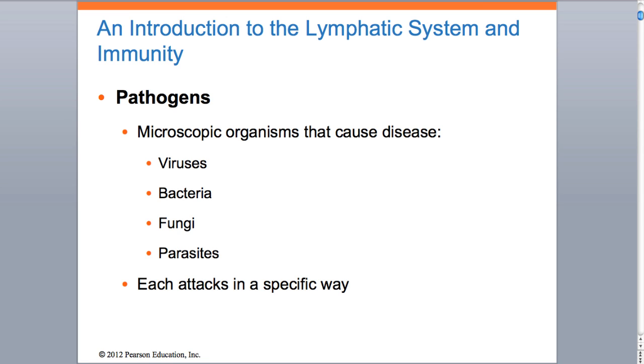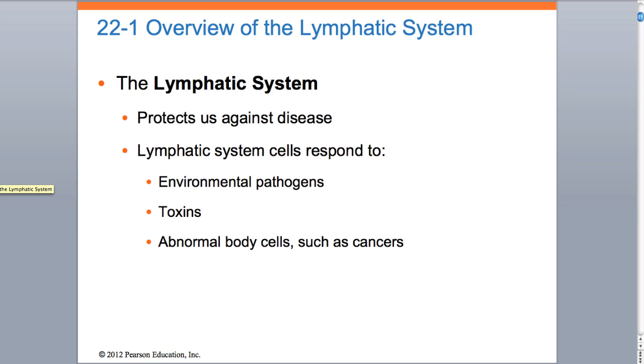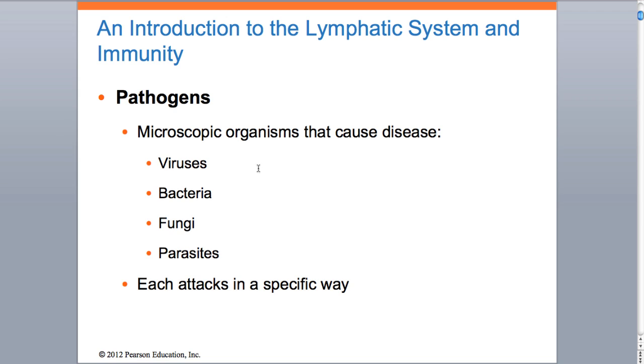Our next slide starts off with the lymphatic system. Now let me backtrack for 1 second. And that is the slide I had a moment ago. One thing I need to mention before I move forward is that pathogens will elicit an immune response.